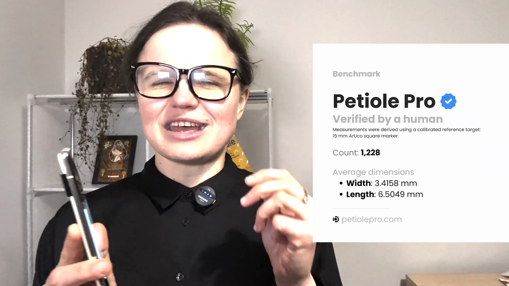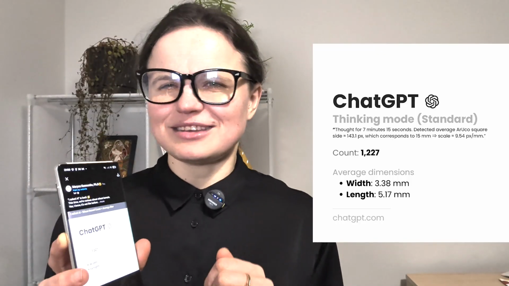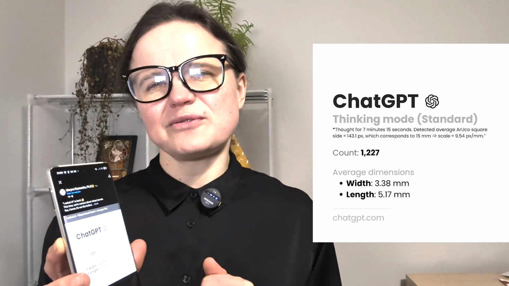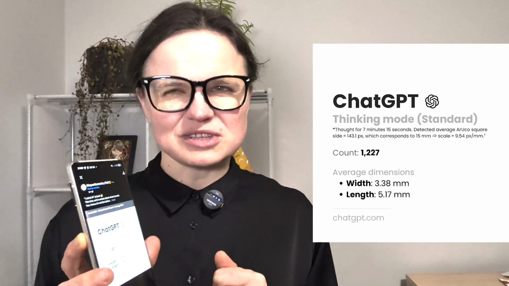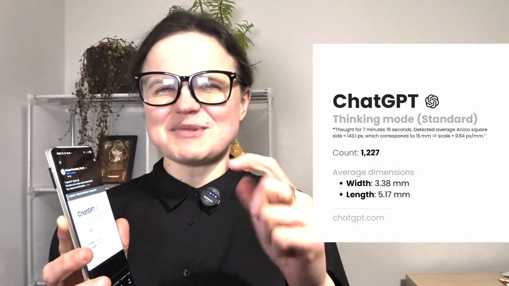Next, as I mentioned, we send this input of image and prompt to ChatGPT, and ChatGPT has demonstrated quite a good level of accuracy in terms of counting, as well as an appropriate level of measurements.